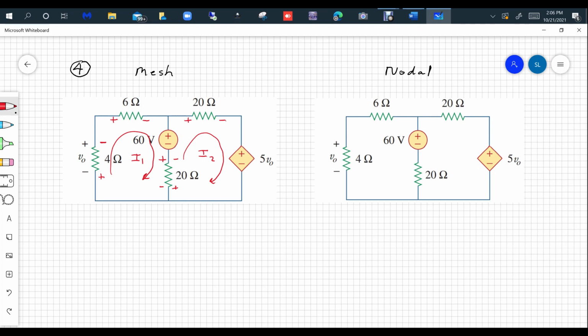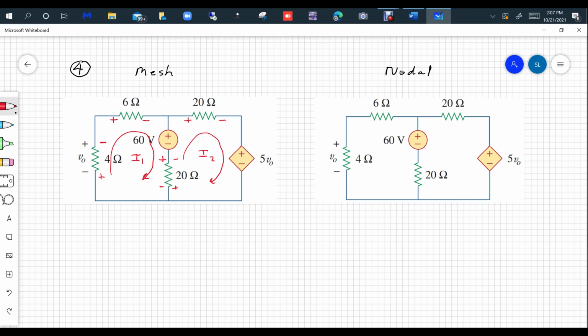In nodal analysis here, I want you to notice something very, very important. In this case, we have a voltage-controlled voltage source there on the right. And the author has given you what the voltage is for that dependent voltage-controlled voltage source on the right. It's 5 times the voltage VO, and you can see where VO is.